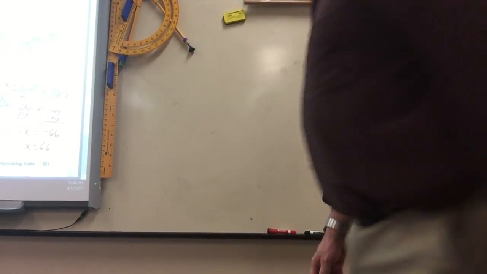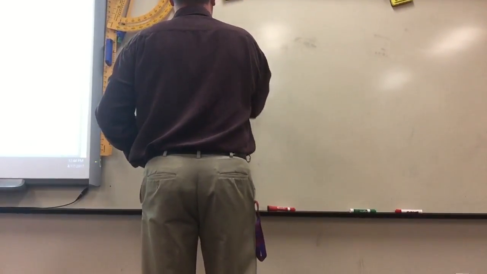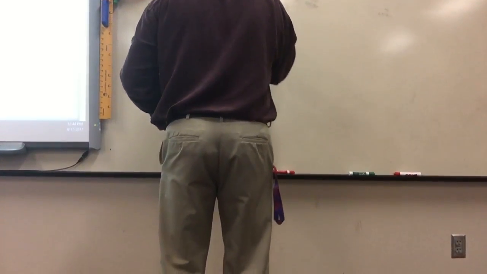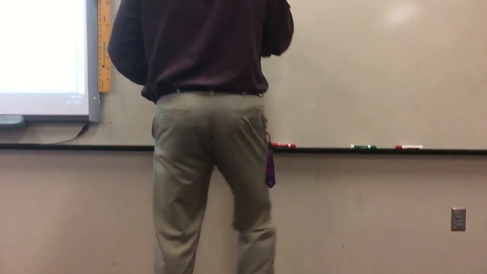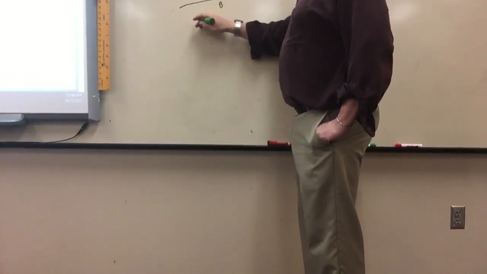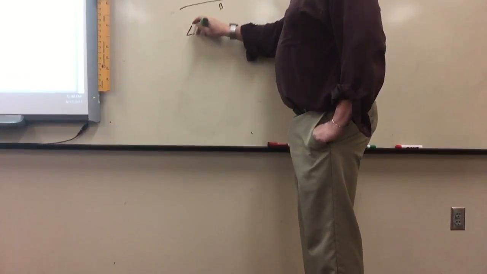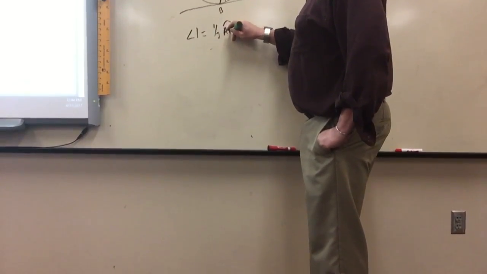Okay, so the 3 things today on the assignment. Okay, if you've got a tangent and a chord, the angle is half of the arc that it goes through.